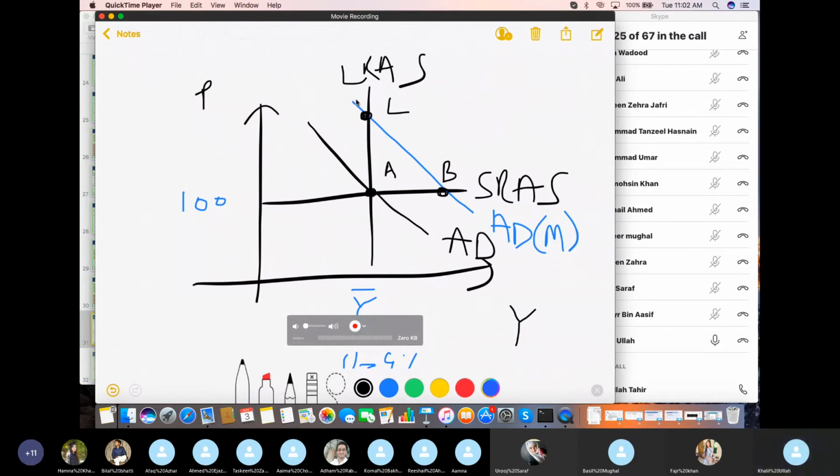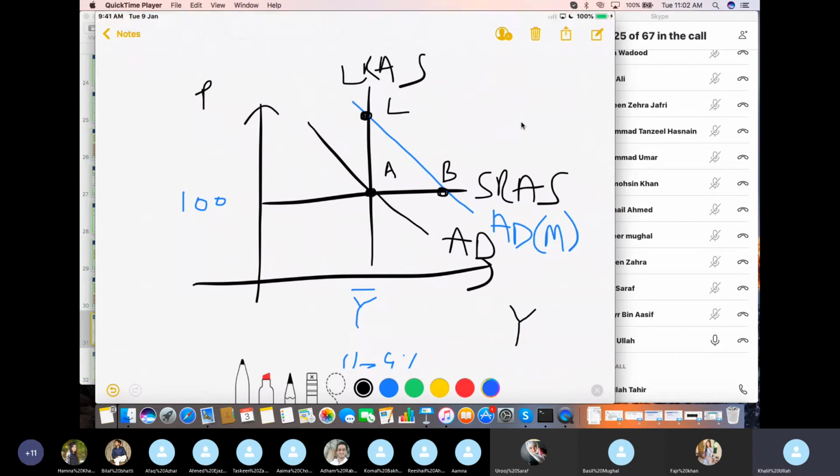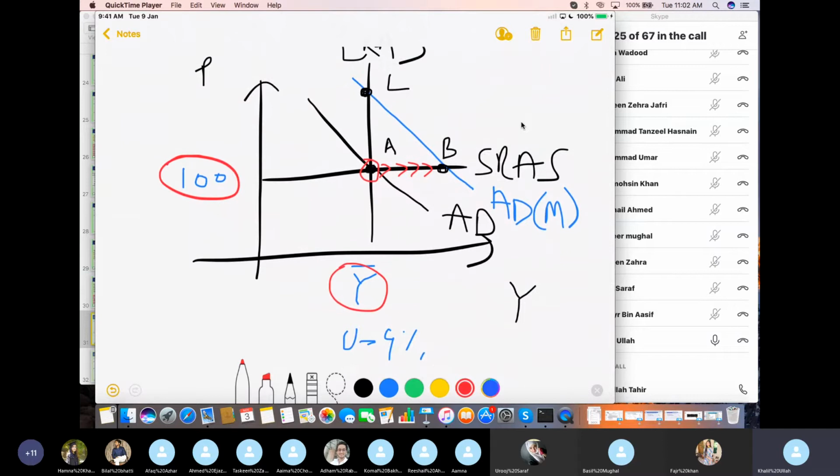So that point is over here. When there is a positive demand shock, something positive happens which creates extra demand in the economy, and the economy starts to move from point A to point B. Point A पे क्या चल रहा था? Point A पे price level 100 थी, GDP Y bar था, unemployment was 4%.